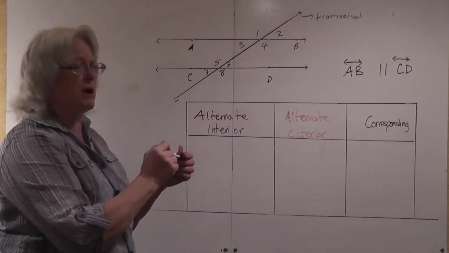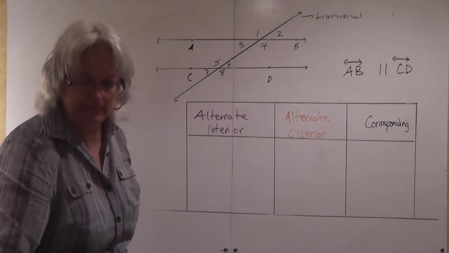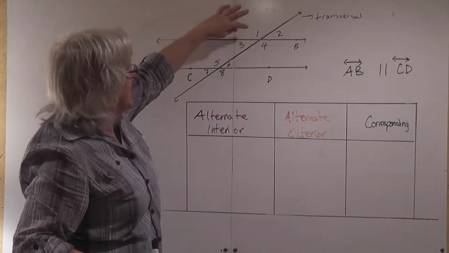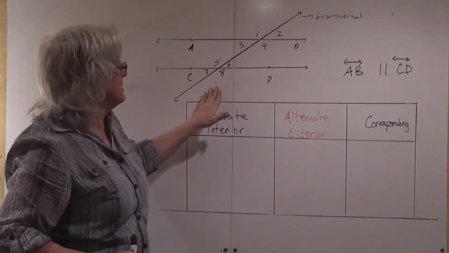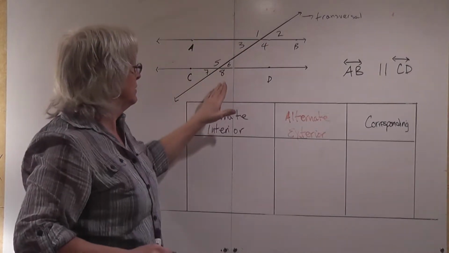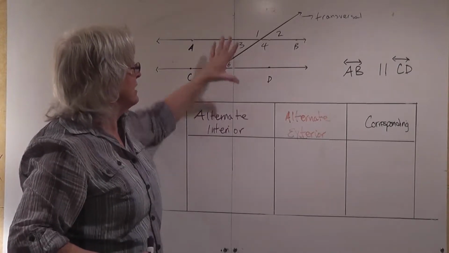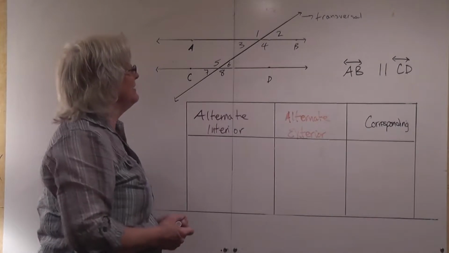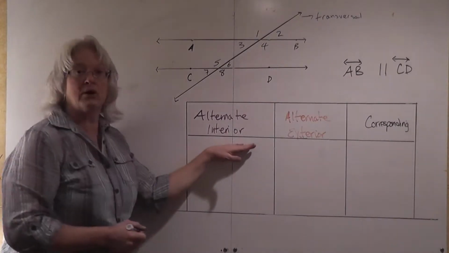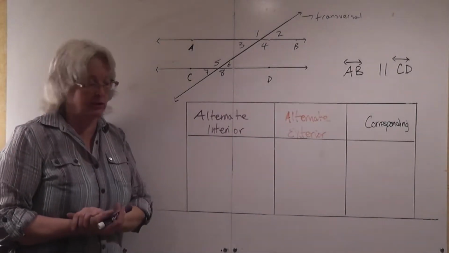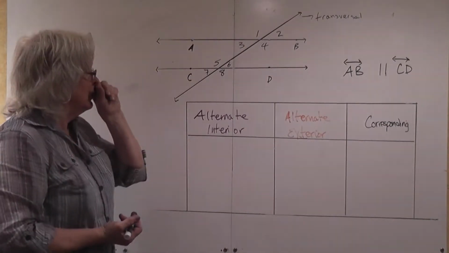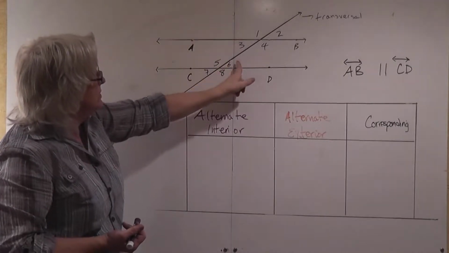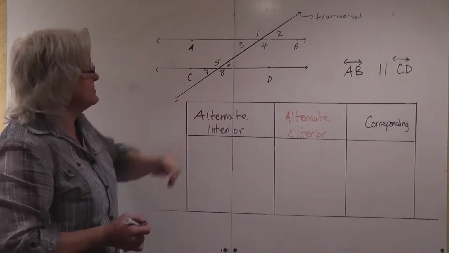Let's think, what might alternate be? Well, alternate angles would be across the line from one another on the outside. Alternate exterior angles, alternate interior angles. On my little chart here, we're talking about interior angles first. What do we have? Well, here's an inside angle, and here's the angle on the opposite side.